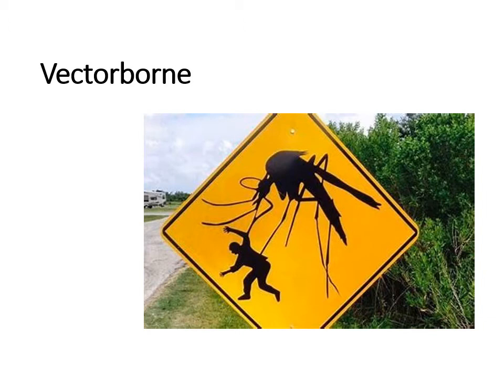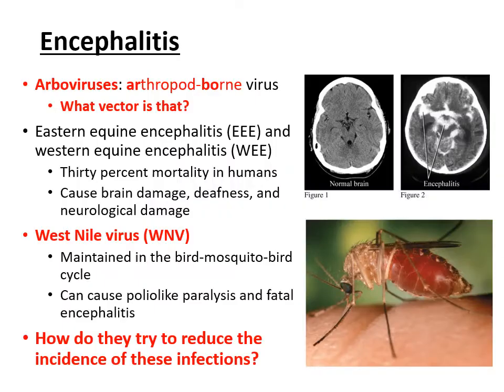So things like mosquitoes, ticks, fleas, flies. You then have a little bit more mentioning encephalitis, and some of the big causes of encephalitis are actually arboviruses, meaning arthropod-borne. So especially from mosquitoes. Mosquitoes are the big one, causing things like Zika, West Nile virus, and any of these can end up hitting the nervous system.